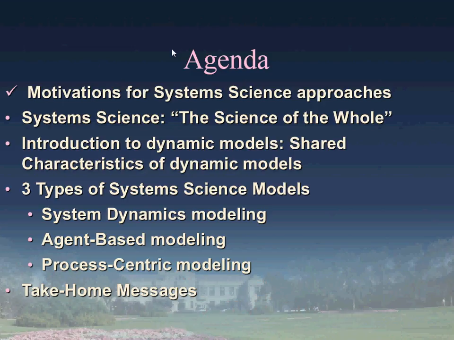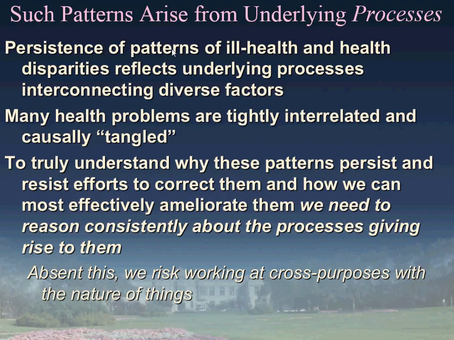So, motivations for system science approaches: we're dealing with complex systems. We're dealing with tangled interactions between factors that are very complicated and complex over time, that yield unexpected emergent results. And absent a way of understanding the underlying drivers, we will often end up in bad straits.